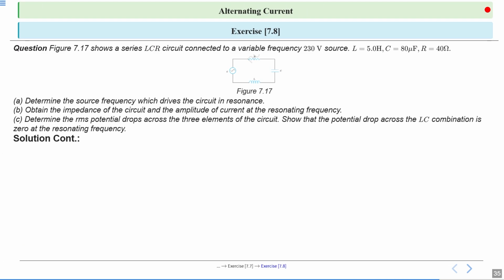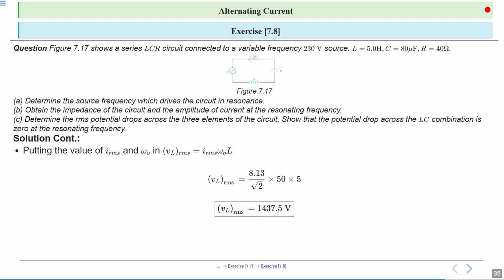Now we have to calculate the VL RMS. So putting the value of IRMS and omega naught in VL RMS equal to IRMS omega naught L. L is given in the question, L equal to 5 Henry. So VL RMS will be equal to IRMS, which was 8.13 upon root 2, into 50, which is the resonant frequency we calculated in the previous slide, multiplied by 5, the given value of inductance, L equal to 5 Henry.